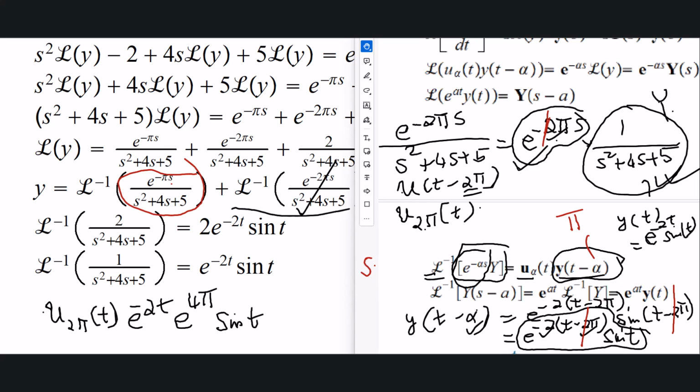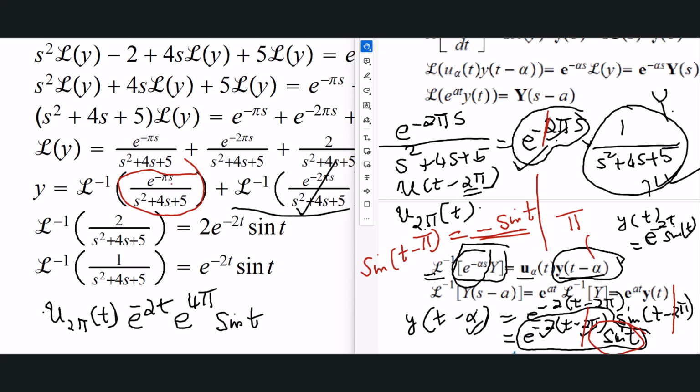But there will be one difference: sine of t minus pi would not exactly be sine of t, but that would be how much? Negative sine t. There we had sine t because the period of sine is simply 2 pi, and here we had to reverse. Let me not stretch it too far.